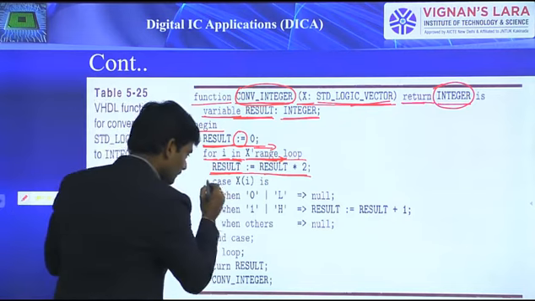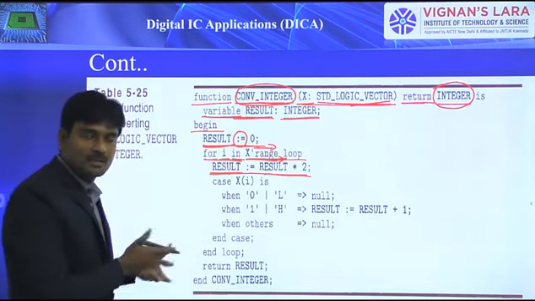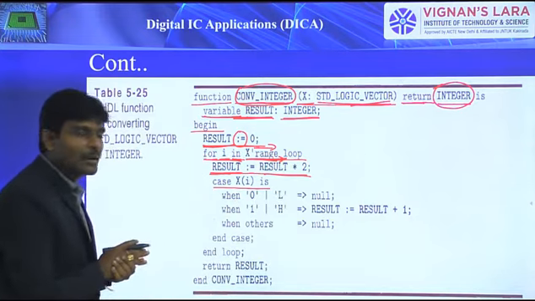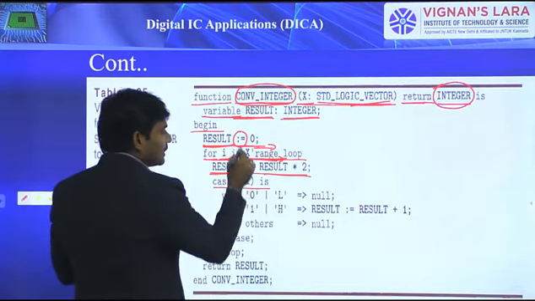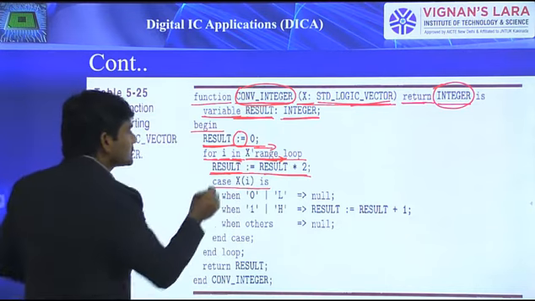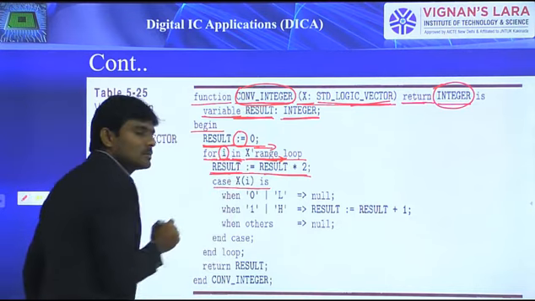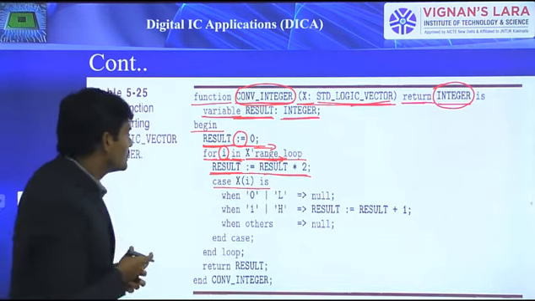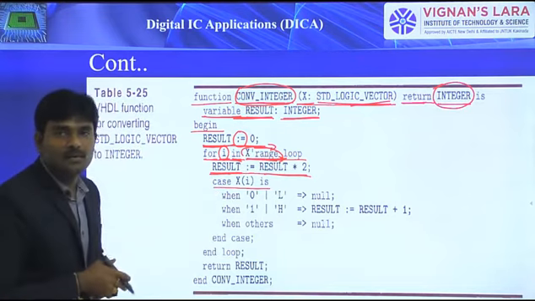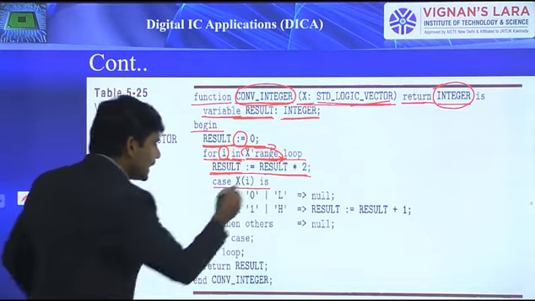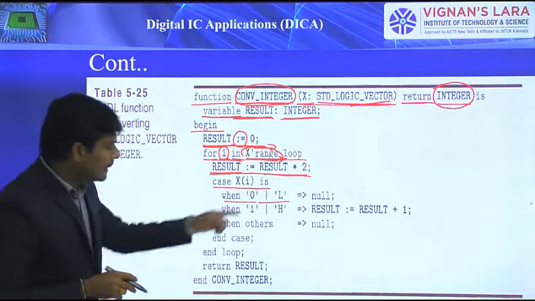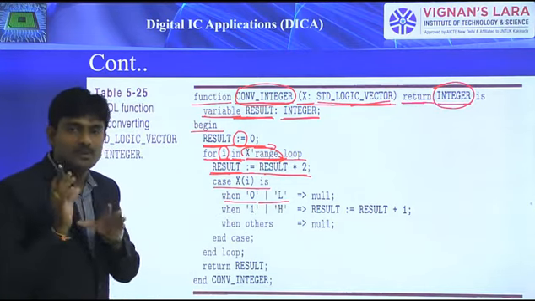Then after that, I consider the case statement, which is also another sequential statement. Case x(I) of. Here x is the input, which is the formal parameter, and I is the user defined variable, whose value varies based upon this range. When the value is '0' or 'L', L represents weak 0.